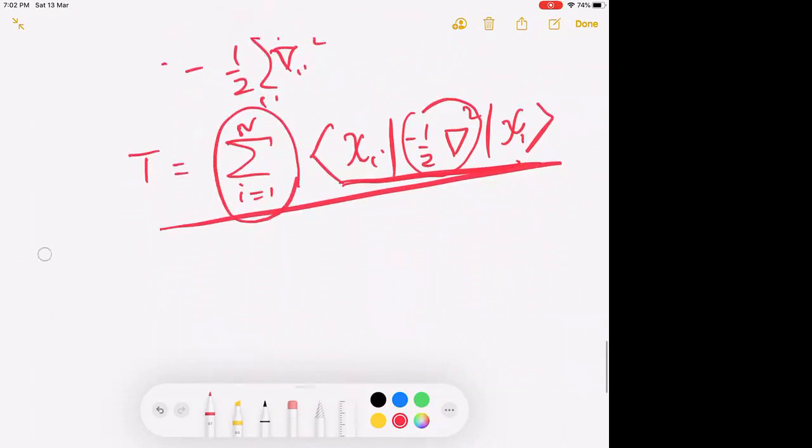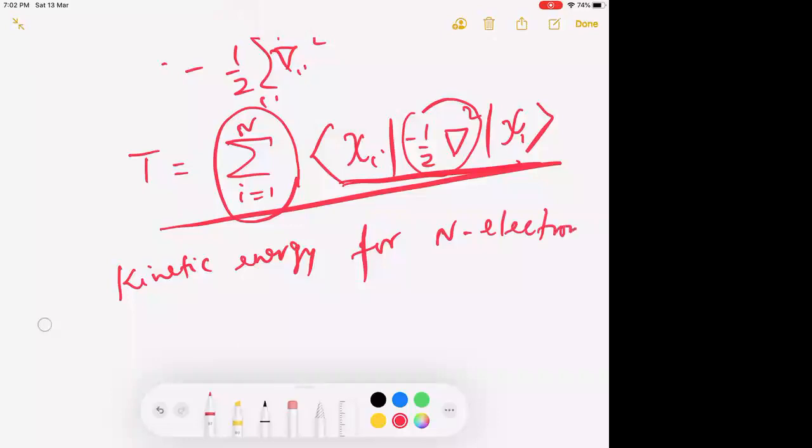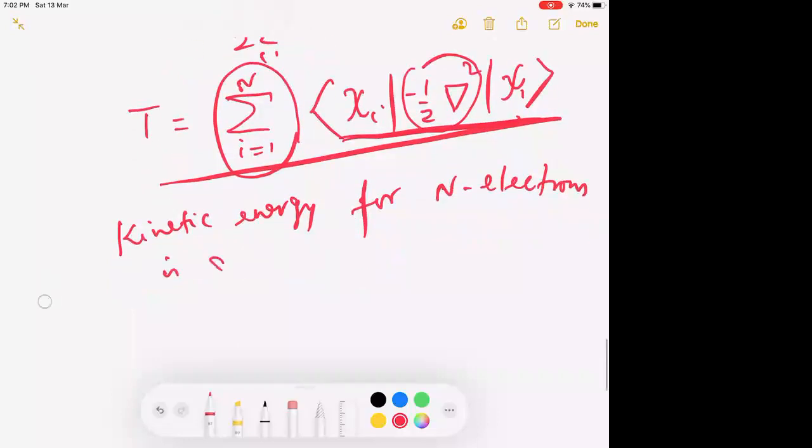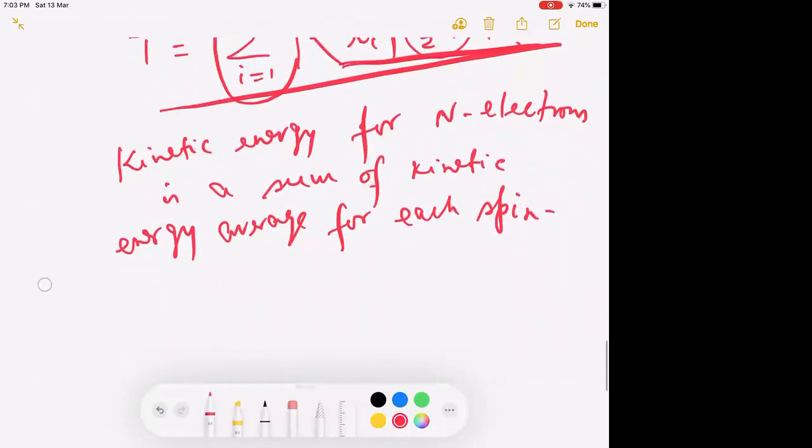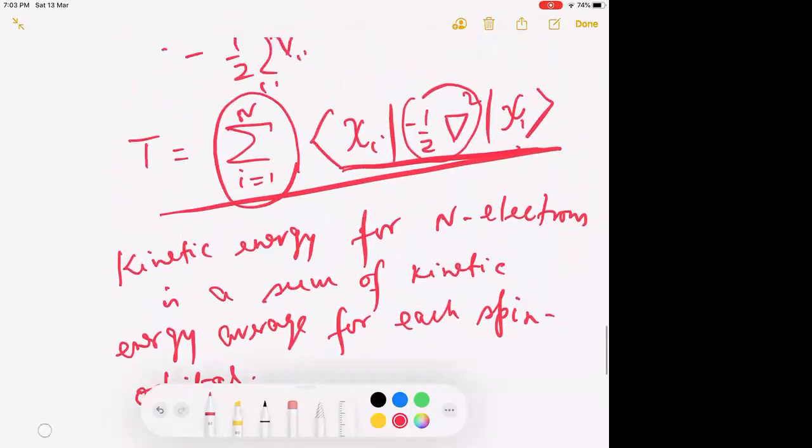So your total kinetic energy for the n electrons is a sum of the average kinetic energy for each spin orbital. Because if I do it for each spin orbital, that is sufficient, because I know that each electron has 1 spin orbital.